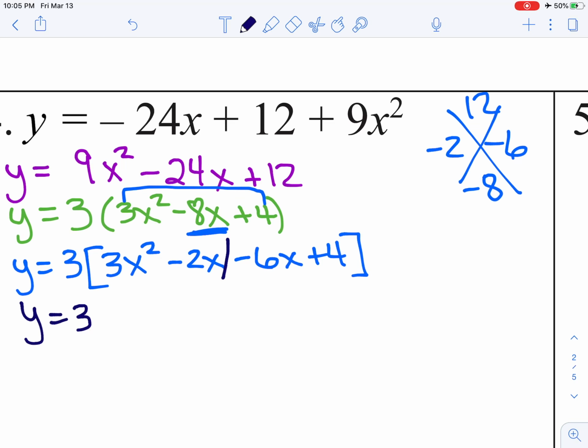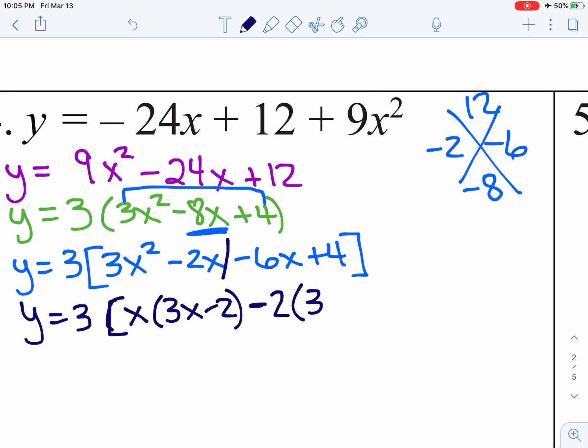Now, remember this 3 stays there. I look at these first two, and they have an x in common. Need a bracket. They have an x in common. So I have 3x minus 2. I look over here. Remember, if it's a leading coefficient that's negative, we need to take out the negative. What do they have in common?